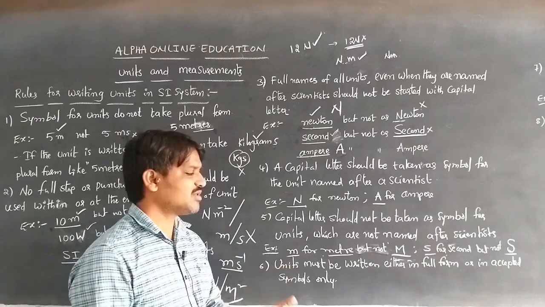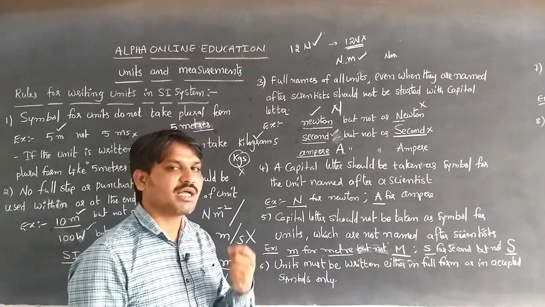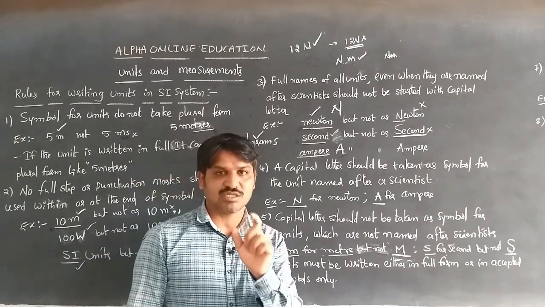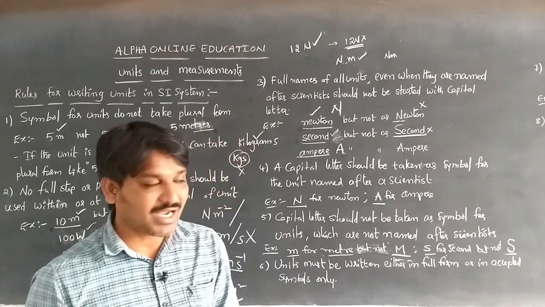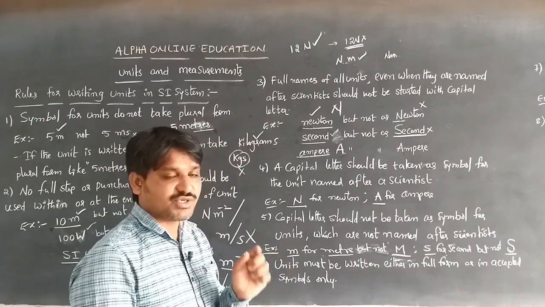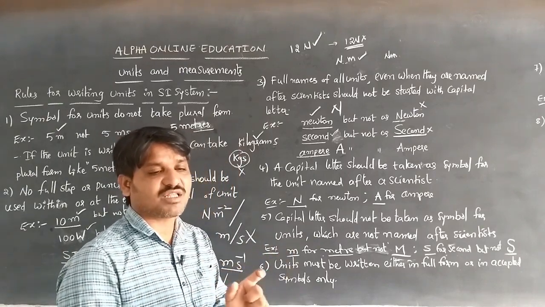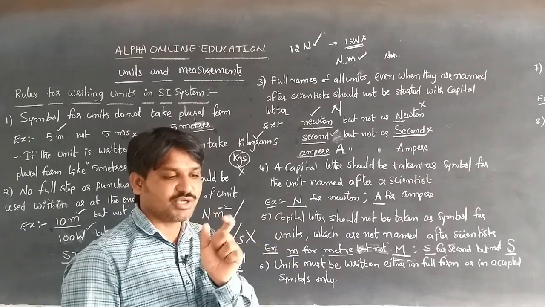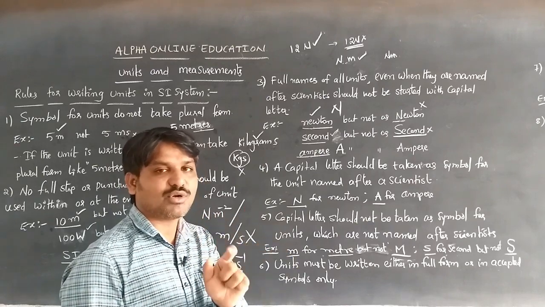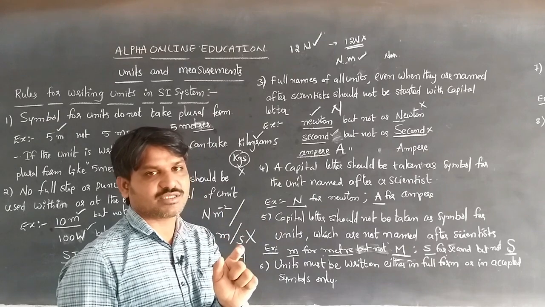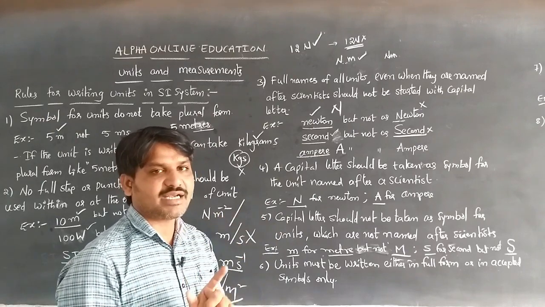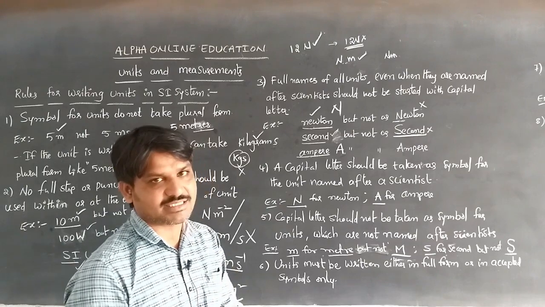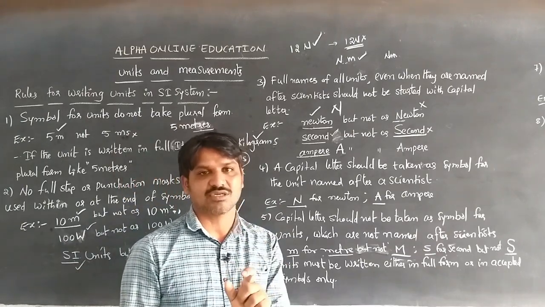Units must be written in the full form or given the accepted symbols only. While writing the symbols, we should leave some space between the numerical number and the unit, and for compound units also, some space between the component units. And while writing units, we should not use the solidus, meaning a slash, between the units.